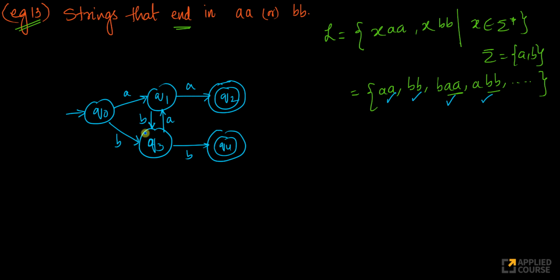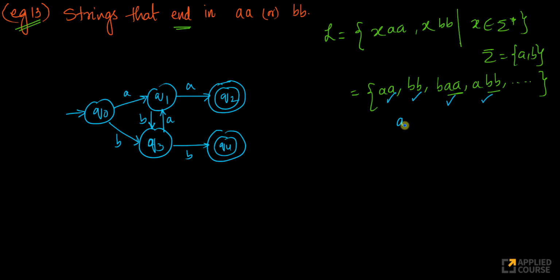Okay, now let's look at more cases. Of course, this is not the end of it, because if you look at this, for this state I have both transitions A and B. For this state, I have transition A and transition B. For this state and for this state, I don't have any more transitions. For example, suppose I have AAA, what should happen?